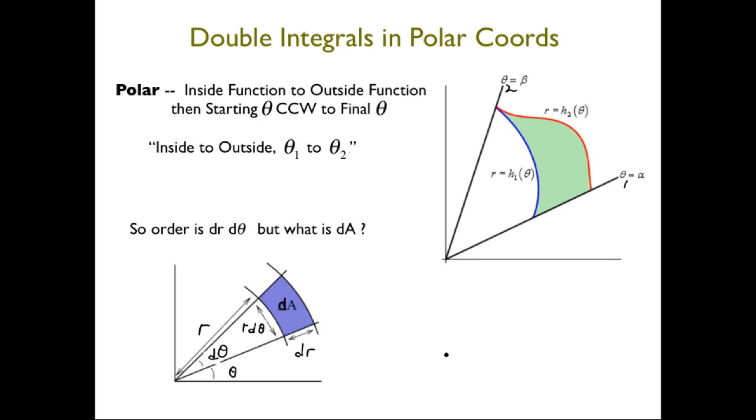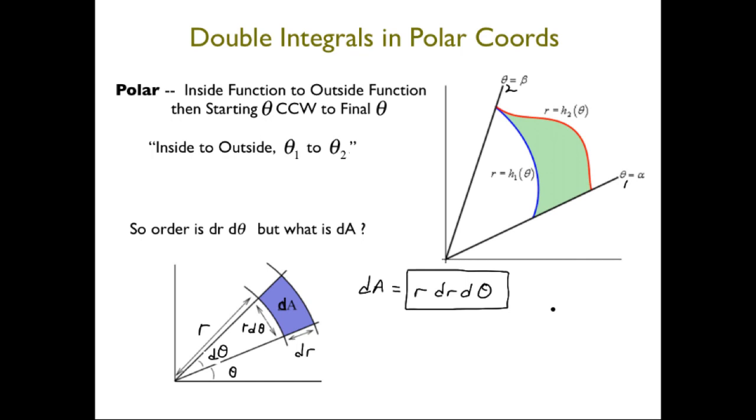So what is dA now? dA is not dr d theta, but instead r dr d theta. Why? Because d theta is not a length. d theta is a little change in angle. Depending on how far away you are from the pole, your length is determined, right?